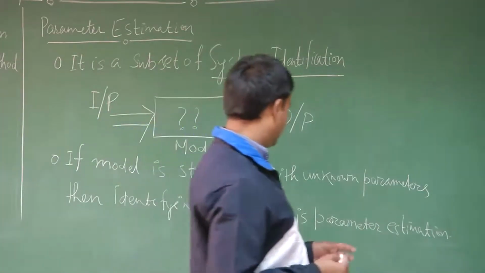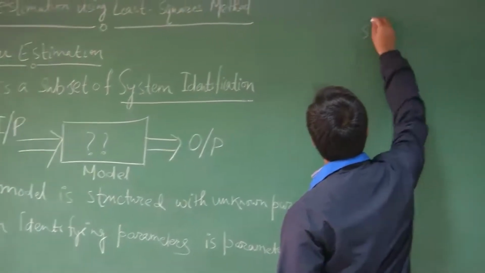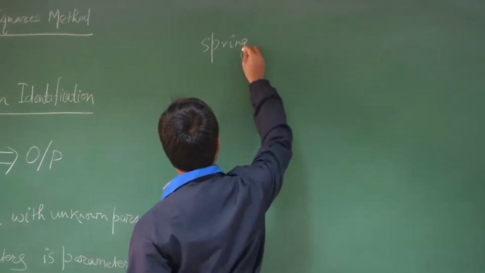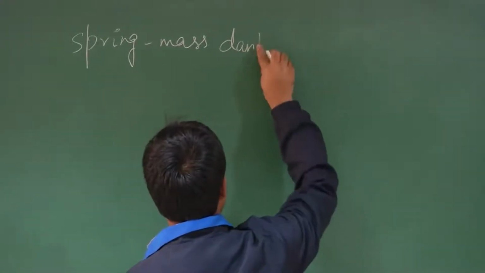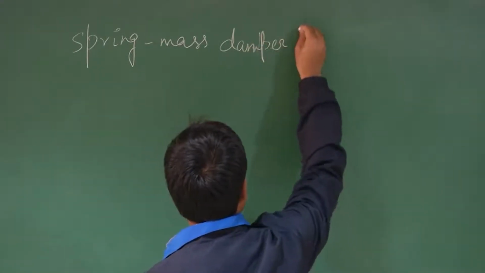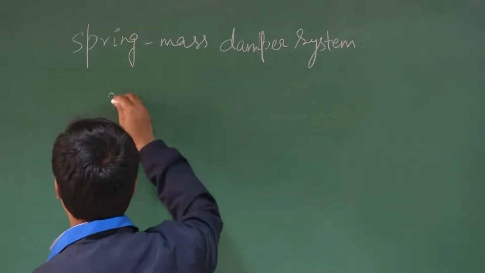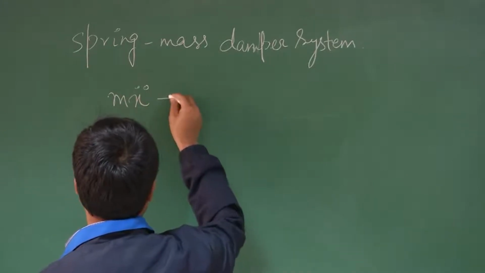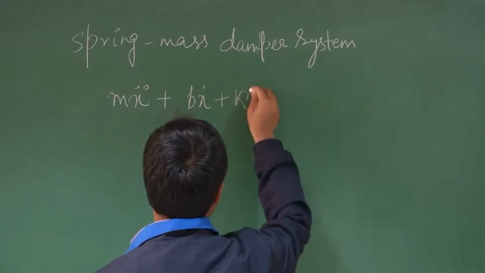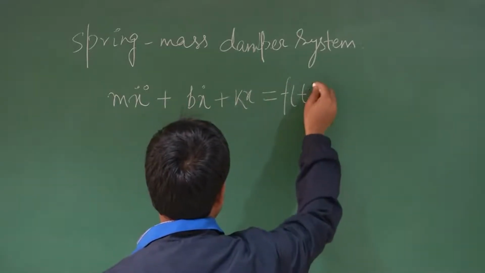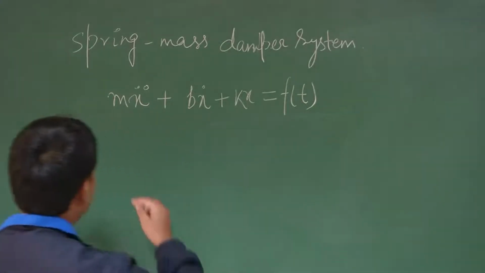Now you can take some simple example also, like a very basic model. I'll just show you, which is called the spring mass damper system. Yeah. So all of you know it is expressed like this. So m x double dot plus b x dot plus k x equals to some force, right, here. So each notation will have the standard representation.